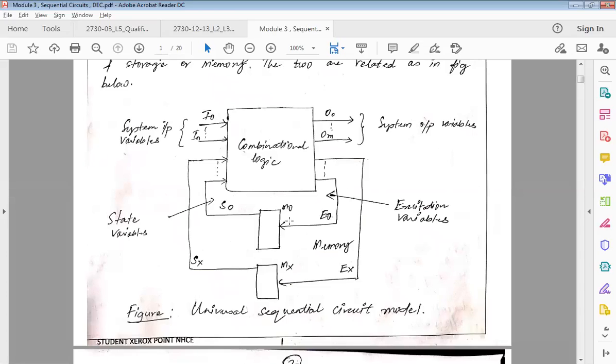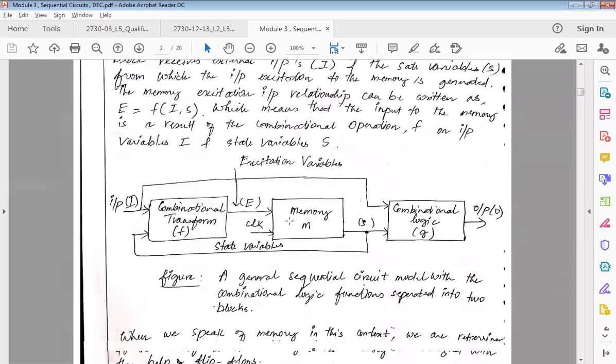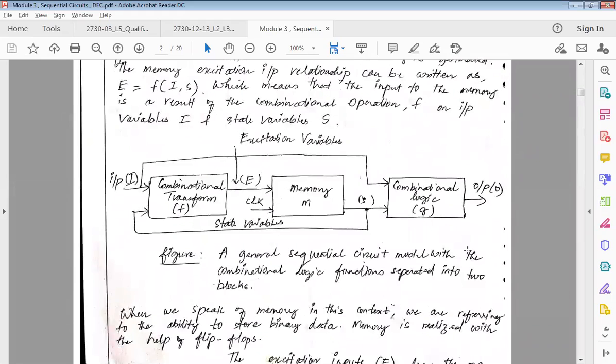Keep in mind, inputs to memory are excitation, and output of memory are your state variables. If you can remember this diagram, it will be easy for you to understand. So excitation variables are input to memory, state variables are output from a memory element.